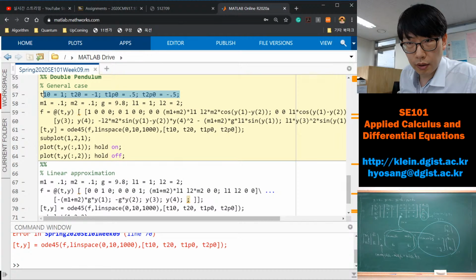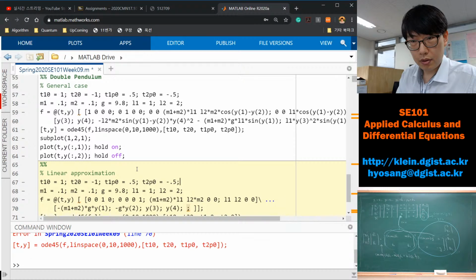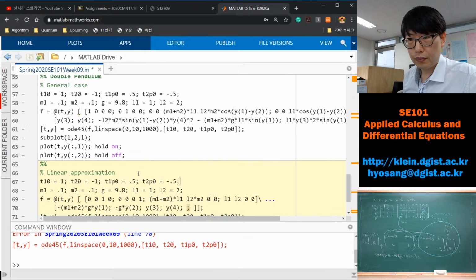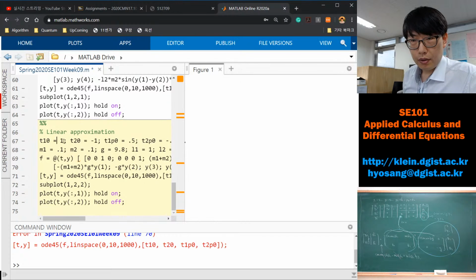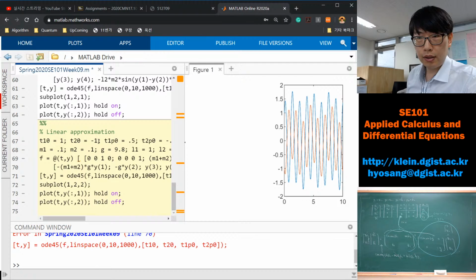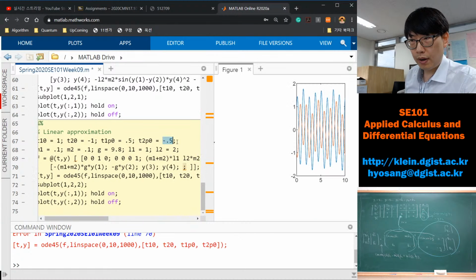So this is the initial condition. My initial condition of theta 1 is 1, and theta 2 is minus 1, and theta 1 prime is 0.5, and theta 2 prime is minus 0.5.